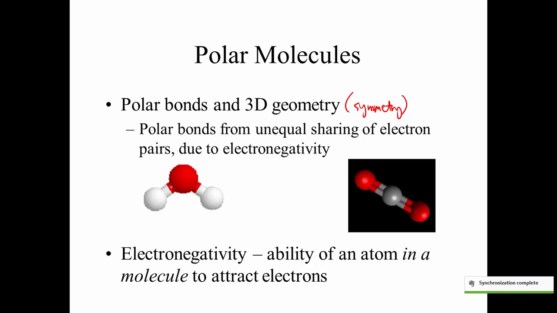So for example, in water, we have an oxygen-hydrogen bond, and this covalent bond is polar. Actually, almost all chemical bonds are polar, except for between, say, homonuclear diatomic molecules.